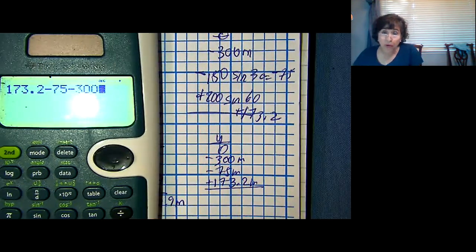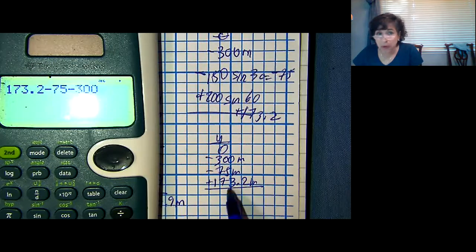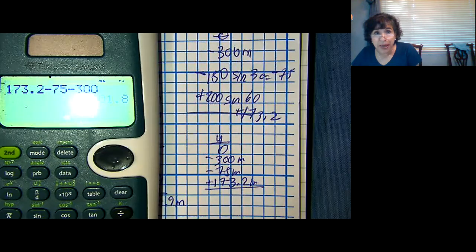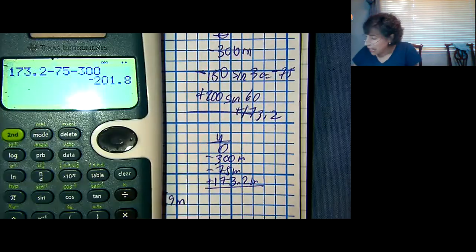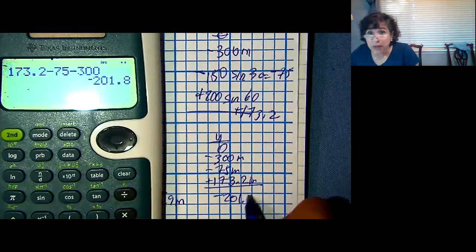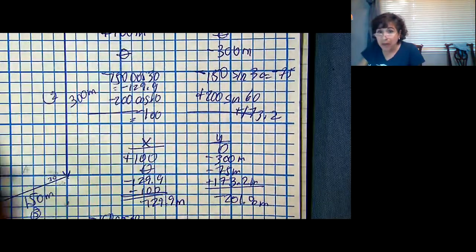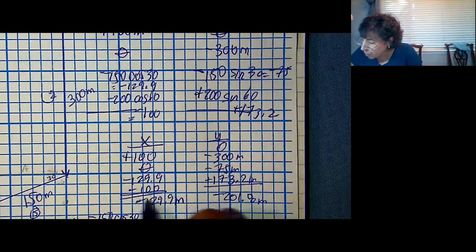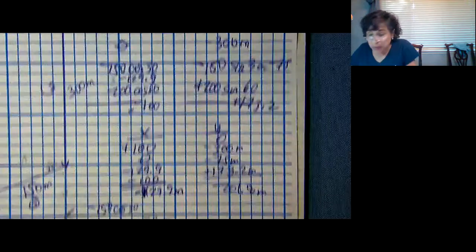It doesn't matter what order I add them all up in. What do we get? We get negative 201.8 meters.